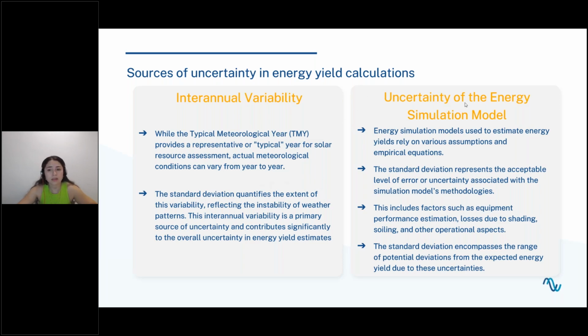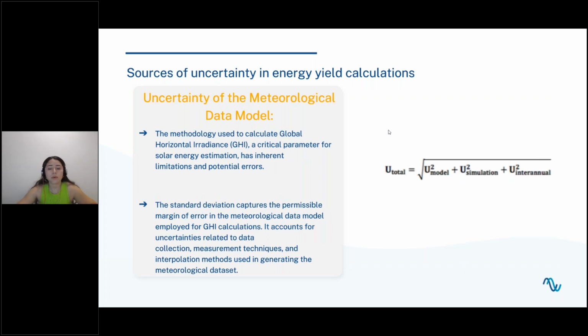We have also the uncertainty of the energy simulation model that encompasses the equipment performance estimation, losses due to shading, soiling, and other sources. And also we have the meteorological data, which is the uncertainty of calculating the global horizontal irradiance, GHI. So the standard deviation that you enter in pvDesign encompasses various sources of uncertainty in the energy yield calculation.